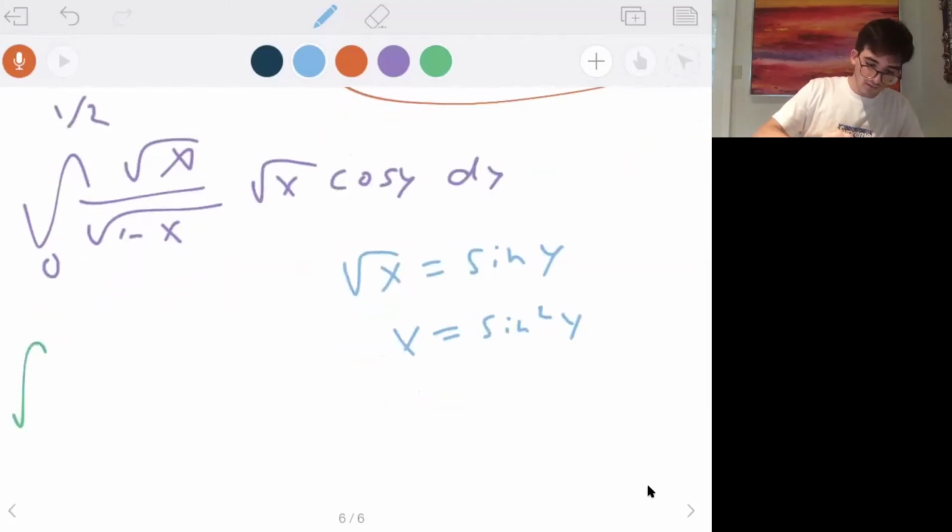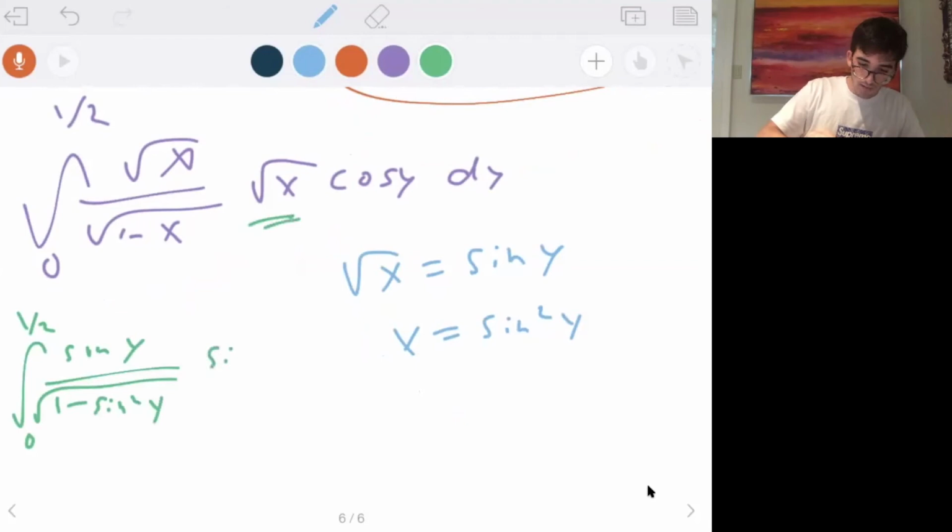So that'll leave us still 0 to 1/2. We haven't gotten to the bounds yet, of sine y over square root of 1 minus sine squared y times another sine y times cosine y dy.